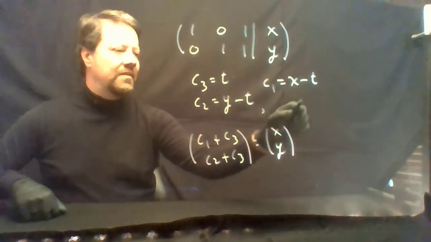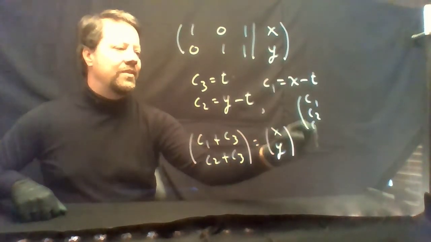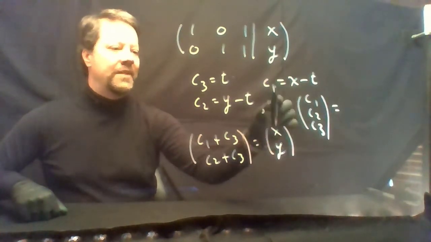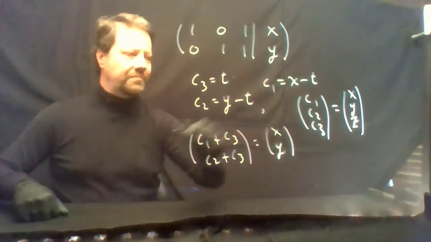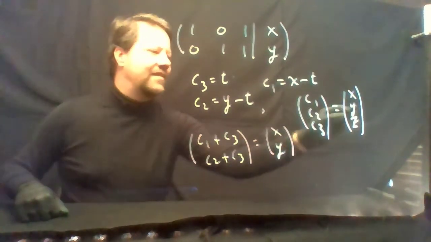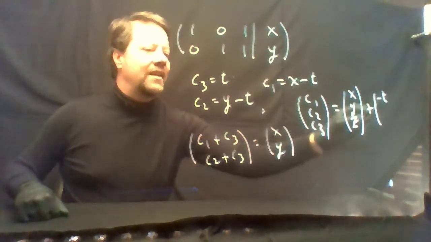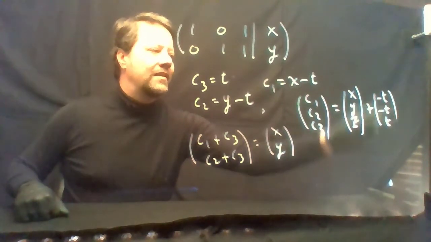So C1, C2, C3 can be expressed in the form (x, y, 0), but add on to that t times (minus 1, minus 1, 1).